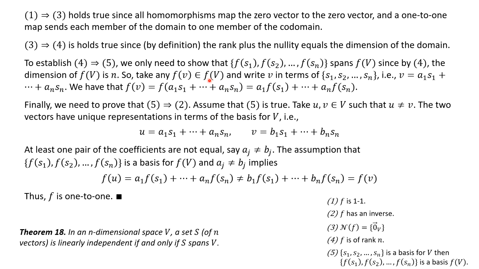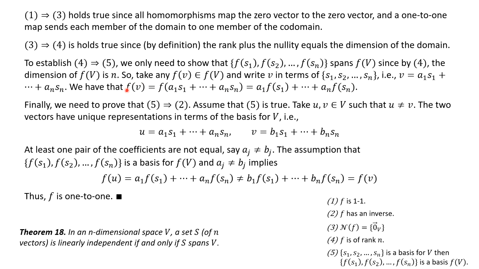So take F of v, an element of the range, F of capital V, and write v in terms of the basis for vector space V, which I've done here. Then we have F of v equals F of v written in terms of the basis, and then we use the fact that F is a homomorphism to write it out like this.